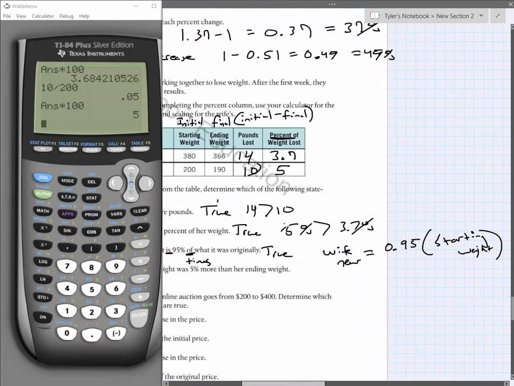If she had a 5% decrease, the multiplier would be 0.95. So this 0.95 is the multiplier, so that works out. That's literally what 5% decrease means.